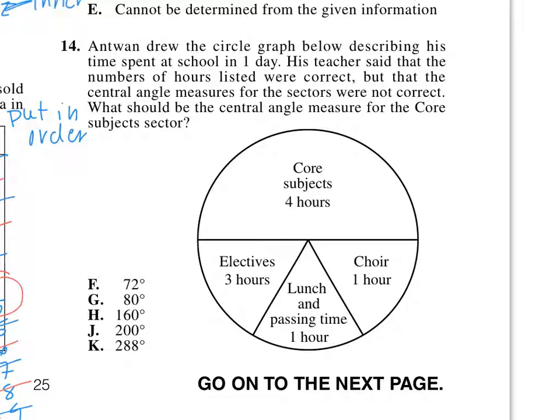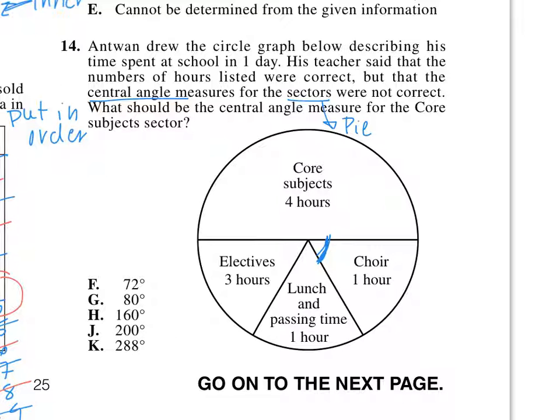So this question has a lot of circle vocab in it. Central angle is the angle at the middle, kind of like I'm doing right here on the choir sector. It's just an angle at the middle of a circle. A sector is like a pie slice.